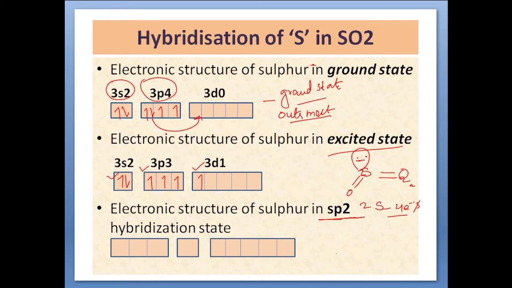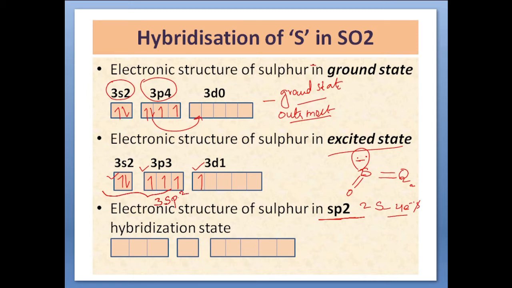During hybridization, the 3s orbital and 2 3p orbitals get hybridized. In total, there is a formation of 3 sp2 hybrid orbitals.